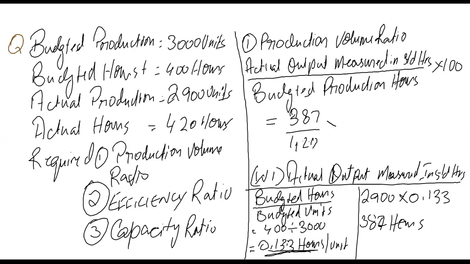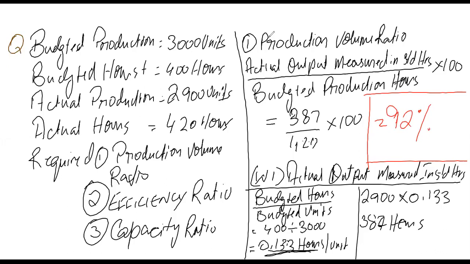However, we took 420 hours. We took 420 hours to produce this. So the interpretation of this ratio states that our answer is, if I divide this by 420 hours, 92%.